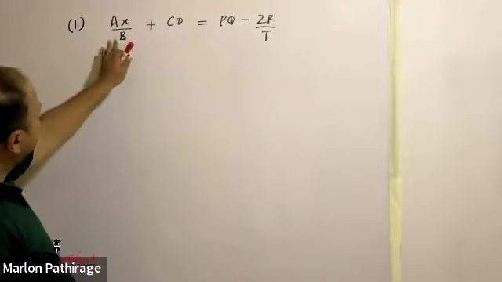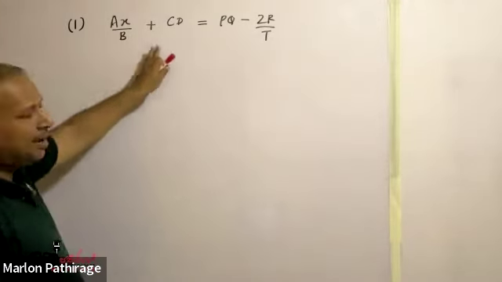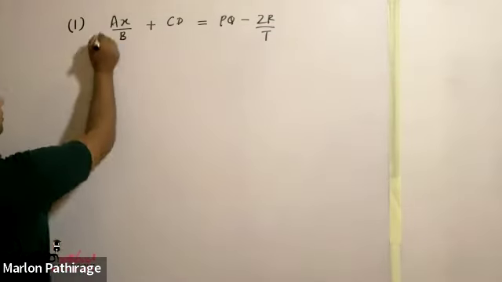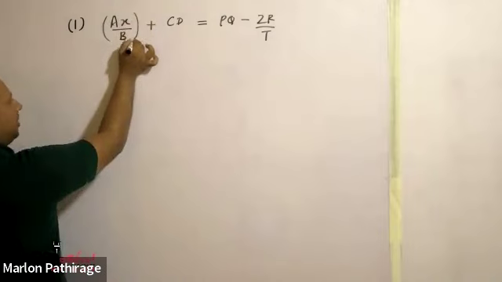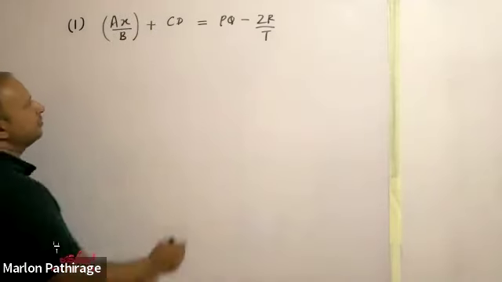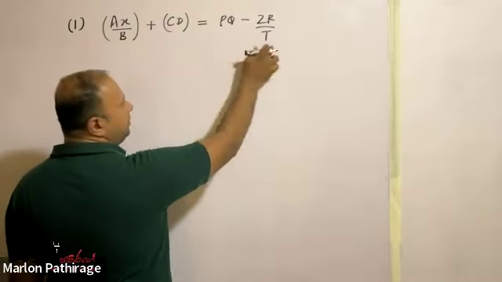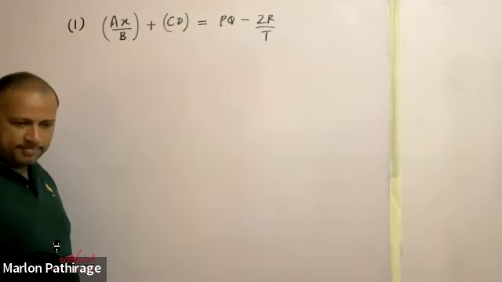Now these two are separated using this plus mark. Therefore, we can consider this one as a term and this one as another term. And these two are separated using this minus mark.